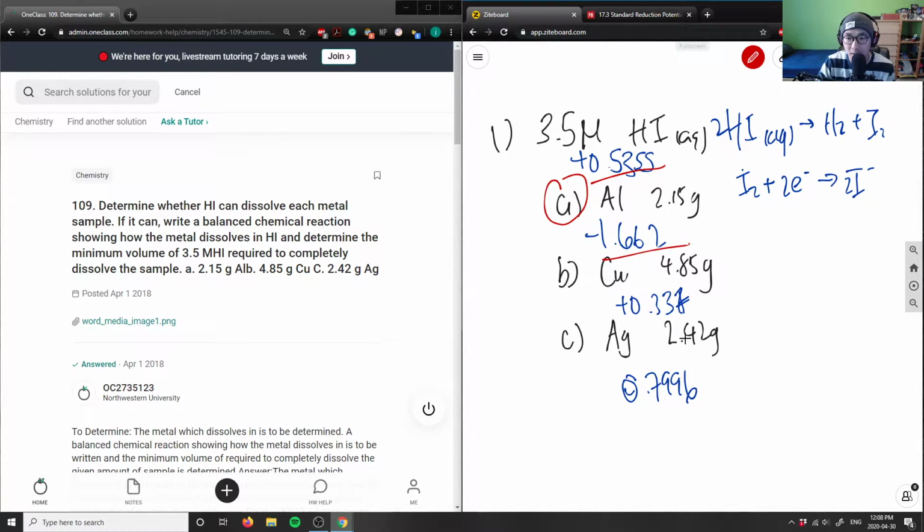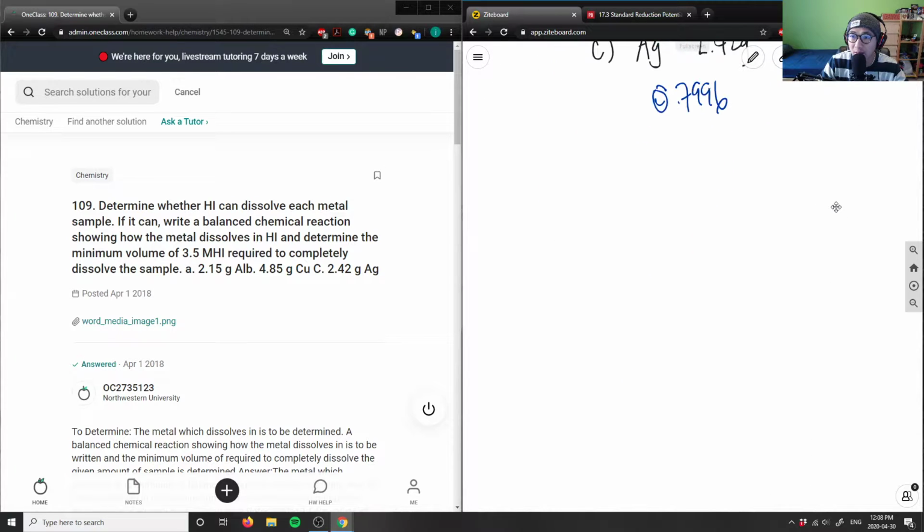So I know it's aluminum, and it says here I have to write out the balanced chemical equation. So let me just do that real quick. If I know it's aluminum, then I'm going to have hydroiodic acid plus aluminum. It's going to react and form aluminum hydride and the iodide anion, I minus.